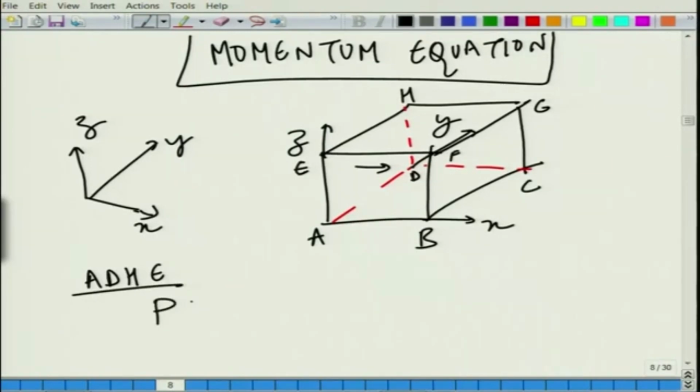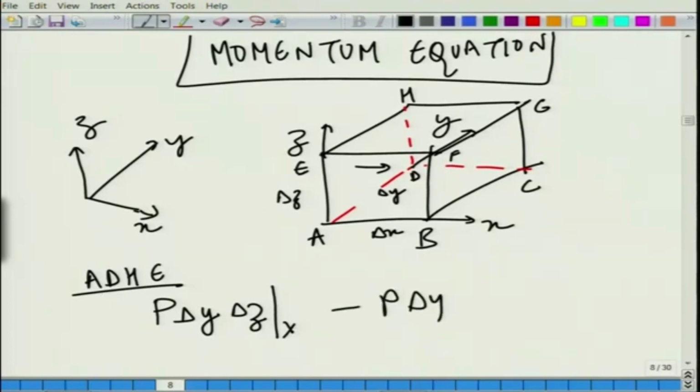So, P times delta y times delta z, at x, minus P times delta y times delta z at x plus delta x.